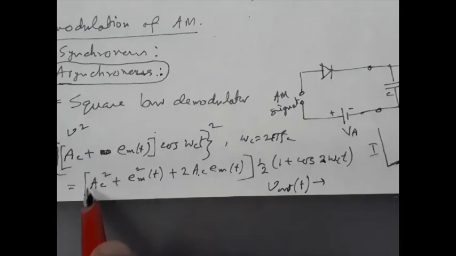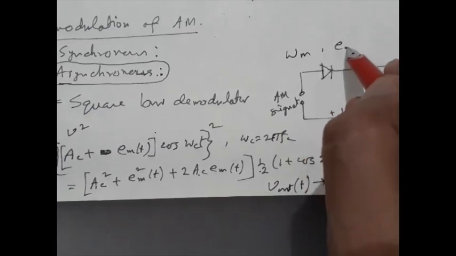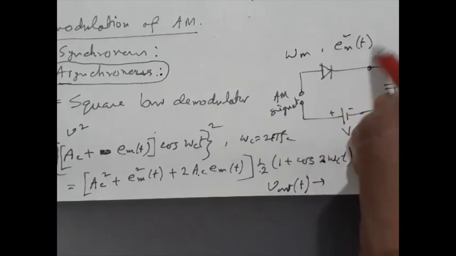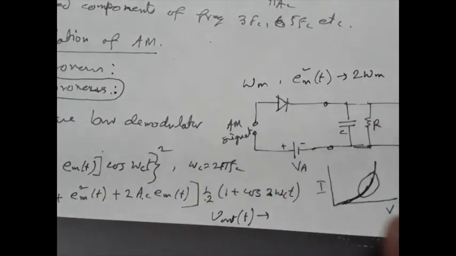Now AC is a constant term. So we have AC square by 2. It is a constant term, just a DC. That means it will produce an offset, nothing else. EM square by 2. EM square means it is the square of the baseband signal. Now if the baseband signal has got maximum frequency of say omega m, then EM square(t) will have a frequency of twice omega m, right?